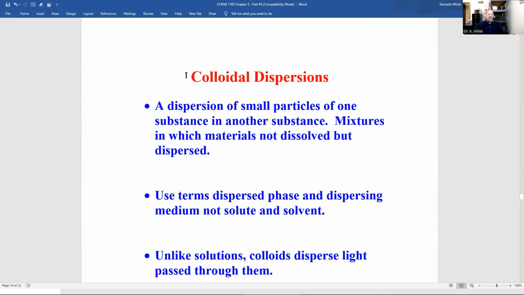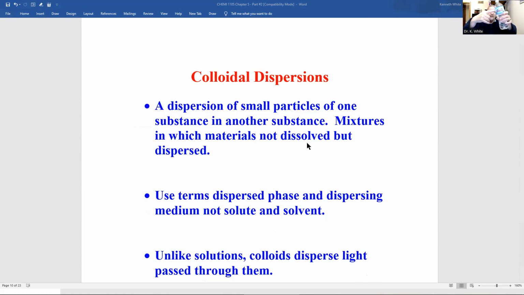Now, something that you may think is a solution, but it's not, is called the colloidal dispersion. And what's a colloidal dispersion? It's a dispersion of small particles of one substance in another substance, a mixture in which the materials do not dissolve, but are just spread out uniformly.